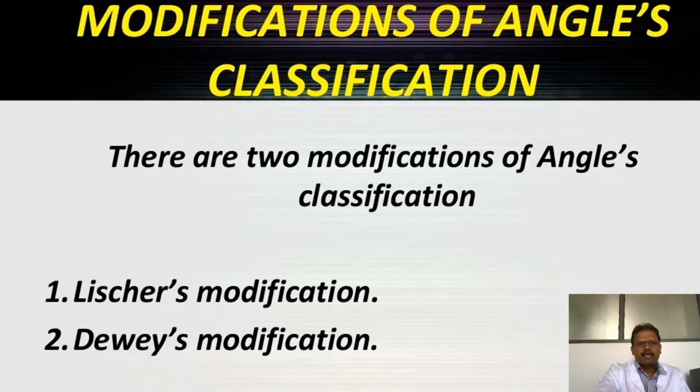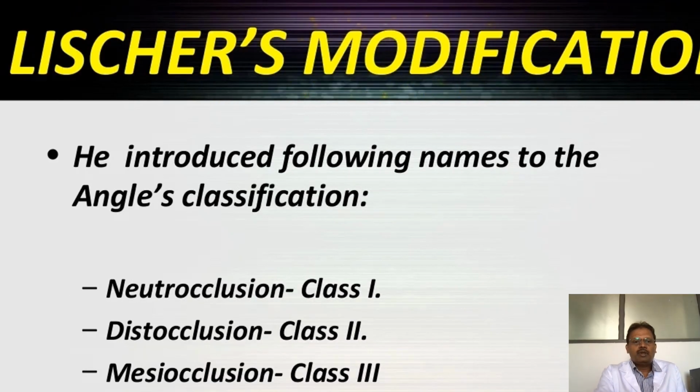Modifications of Angle's classification were made afterwards, and there are two: one is Lischer's modification, and another is Dewey's modification. What do we mean by Lischer's modification? He introduced neutro-occlusion, disto-occlusion and mesio-occlusion.